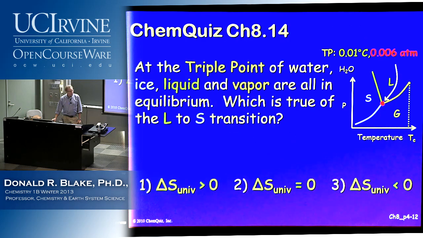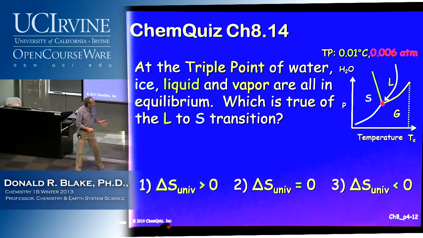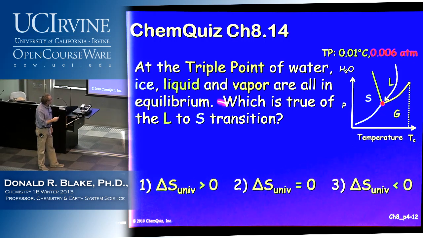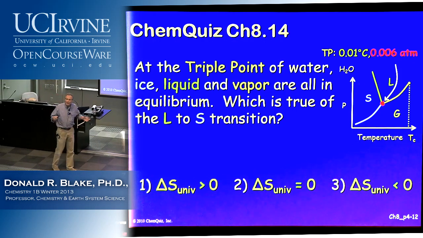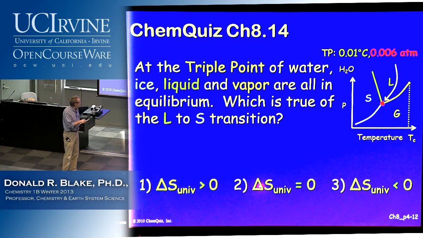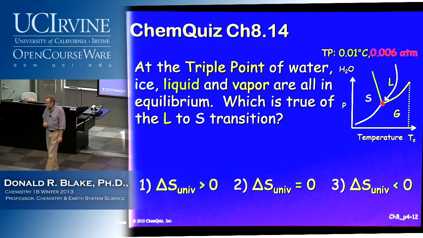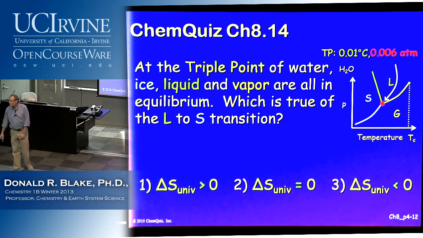Now, I thought this was a trick question until I read it more closely. Looks like the same exact question. We're at equilibrium, and then it says at the triple point, but then I realized that this is not saying the delta S of the system. It's the delta S of the universe.